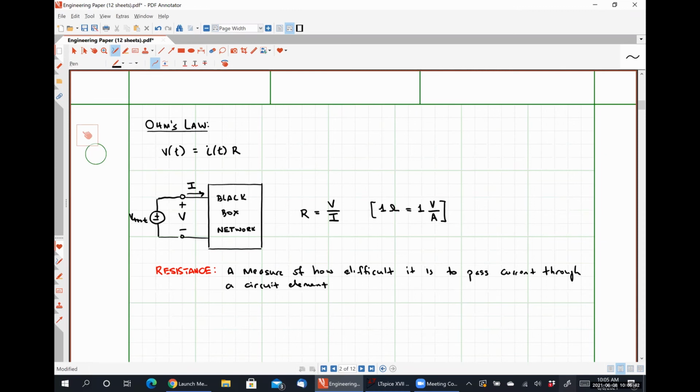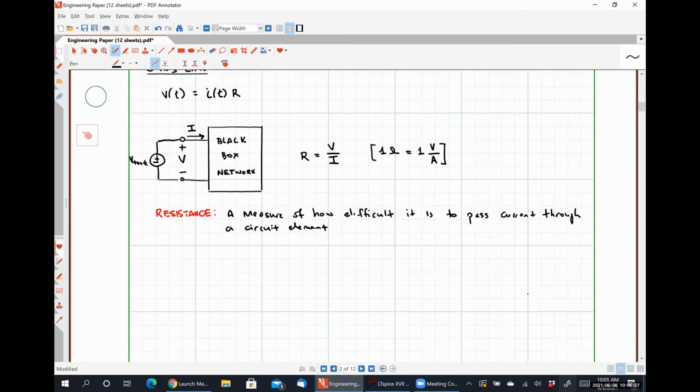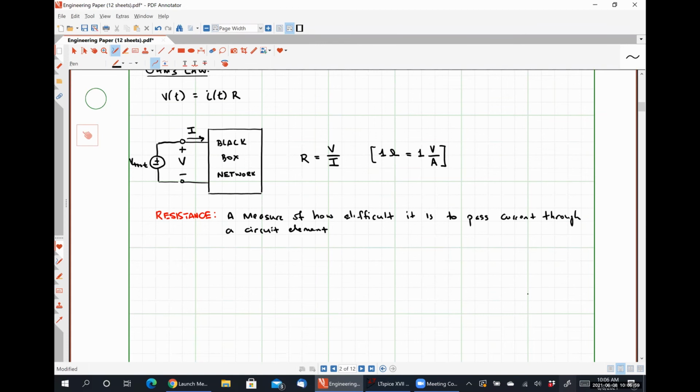Now, the resistance of a conducting medium is defined also by the geometry of the conductor and the material from which it's made. So you may recall from Engineering 121 that there was an equation for resistance.